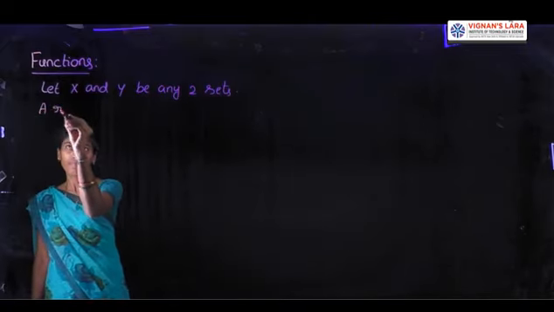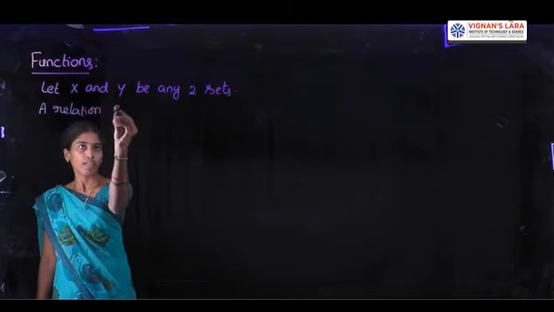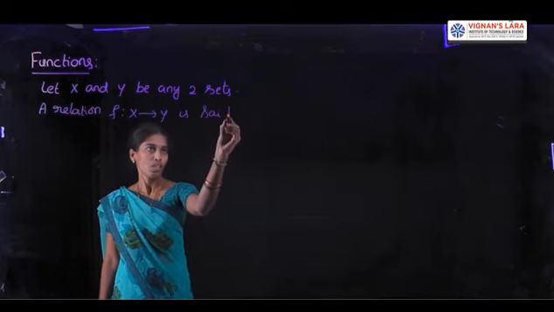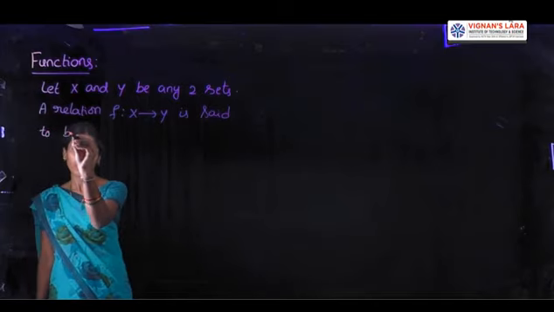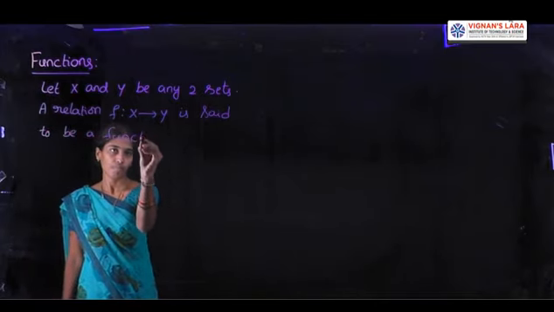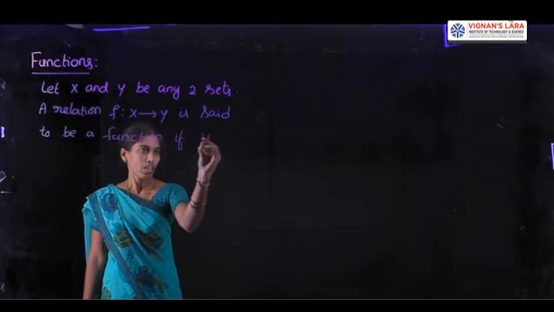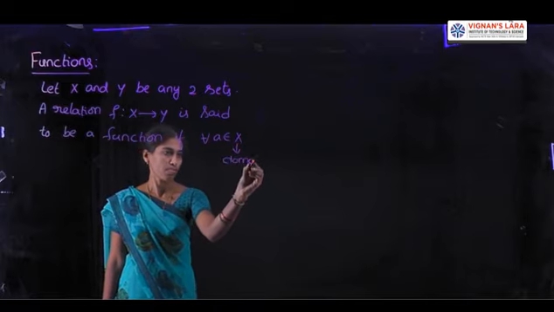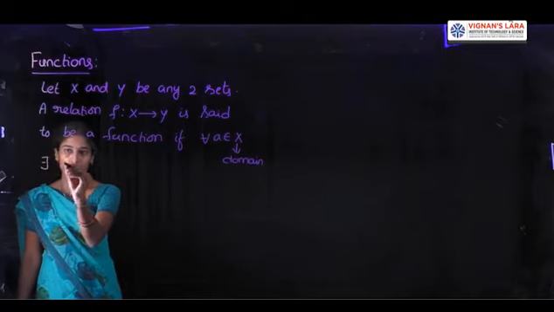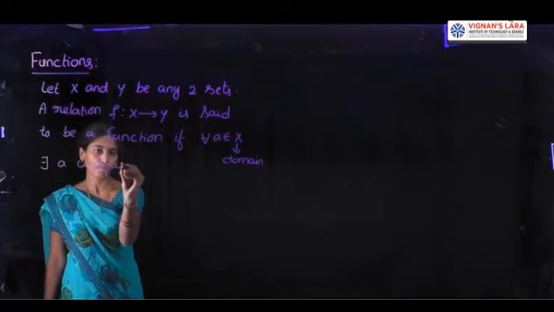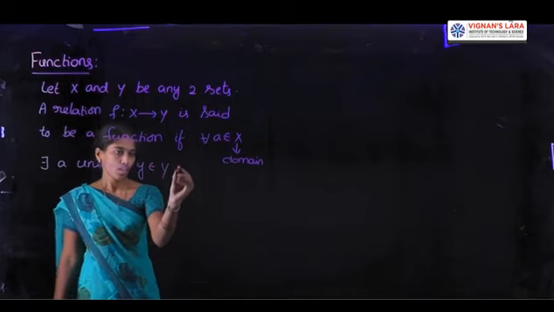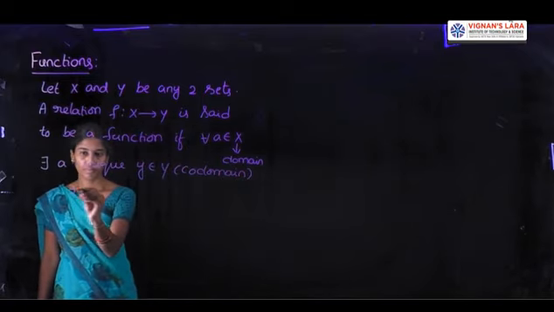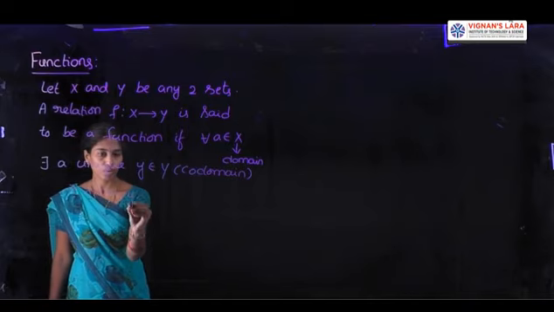A relation f from x to y is said to be a function if for every a belongs to x, here this x is the domain set, there exists a unique y belongs to y, y is called the codomain, such that f of a is equal to y.